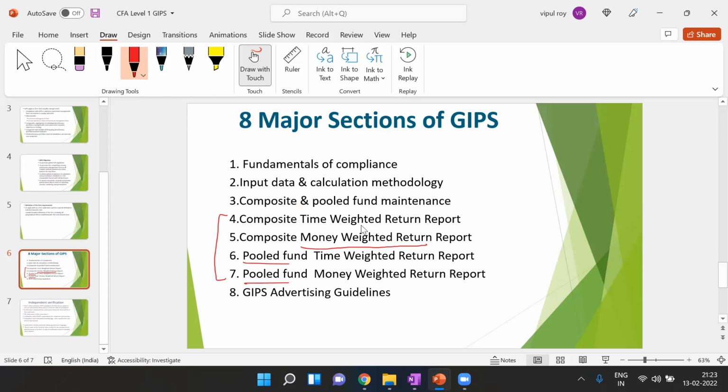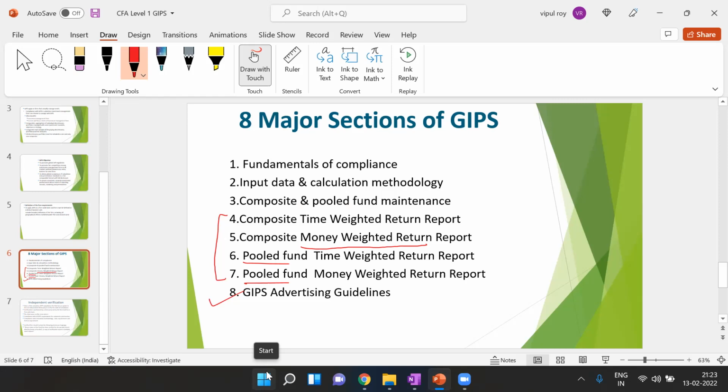A firm which has met all the requirements of GIPS may include an appropriate claim of compliance. So if a fund or a composite meets all the criteria and has complied with all the rules and regulations, then they can claim compliance with GIPS. The last section talks about GIPS advertising guidelines.